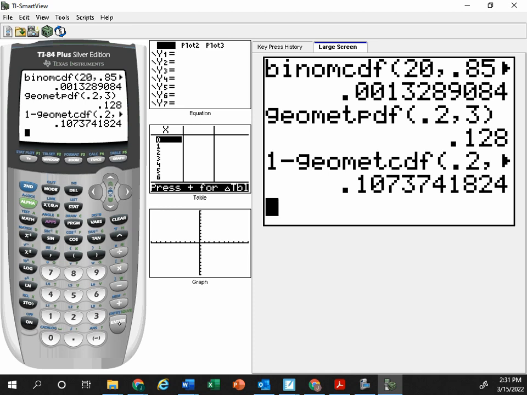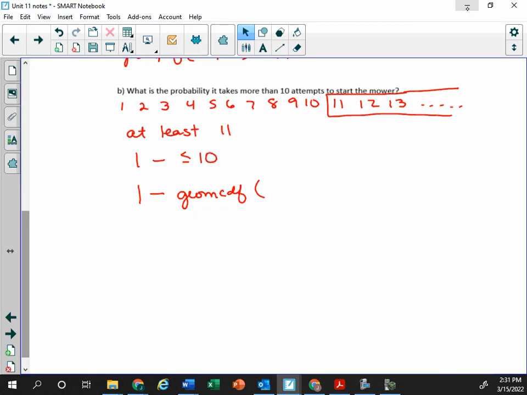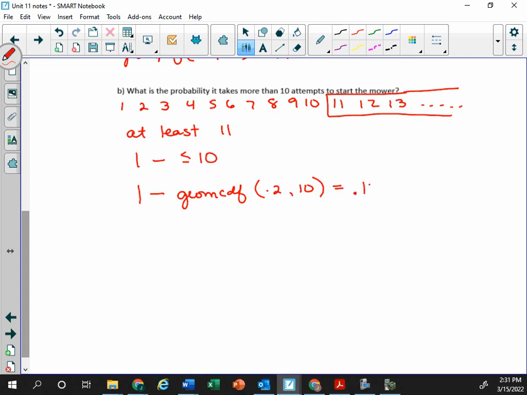Wait, so what's the X value? 10? Does it make sense why it's 10? Yeah. All right, so we did geometric CDF with 0.2 and 10, which equals 0.107. Guys, that's one of the trickiest types of questions in here. Does it make sense to you? Okay, good. Just remember, you can only go from 0 up to a number.